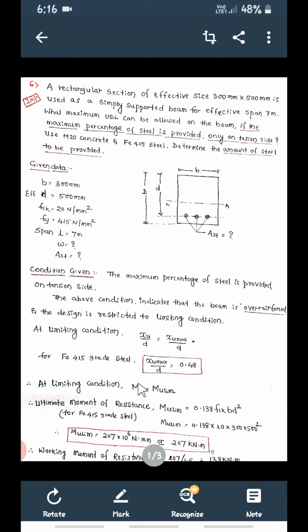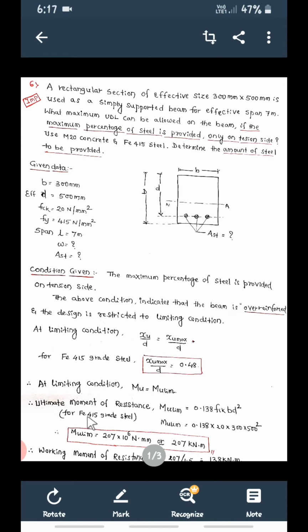Then what about Mu? So at limiting condition, xu becomes xu max or xu limit, and Mu is going to become Mu limit or Mu max. Okay, so therefore you can write ultimate moment of resistance Mu limit or Mu only.